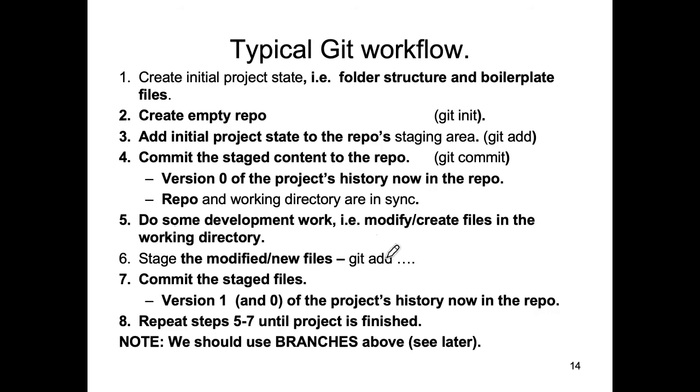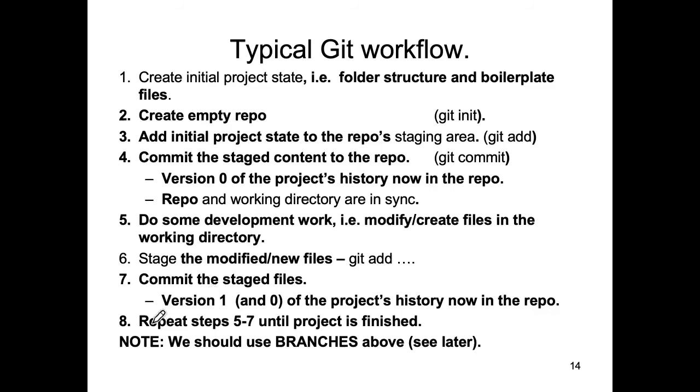That's what the git add command does. Having done the git add, I then do a git commit. And so now I have version 1 of my project. I have a snapshot of version 1 of my project in the repository. So I have 2 versions. Hence, I have a bit of history of the changes that have happened to my project over time.